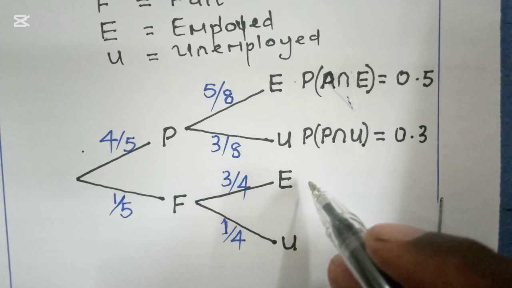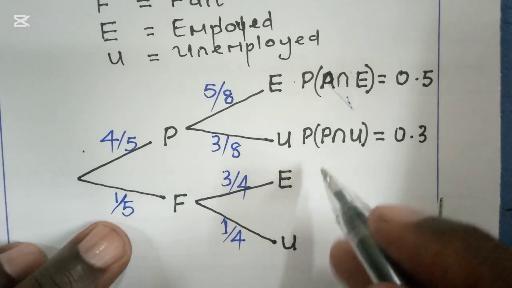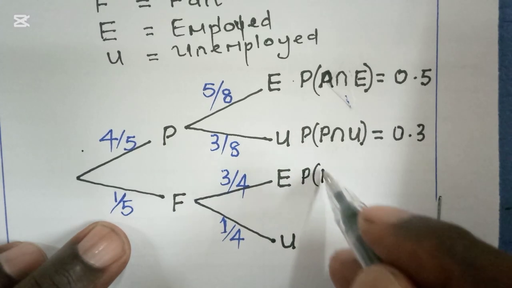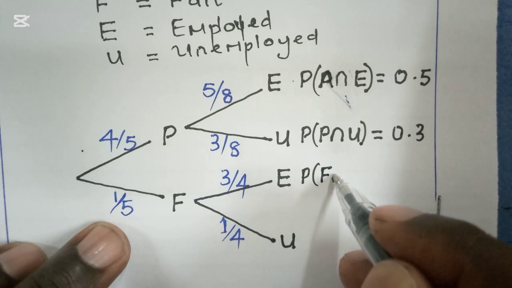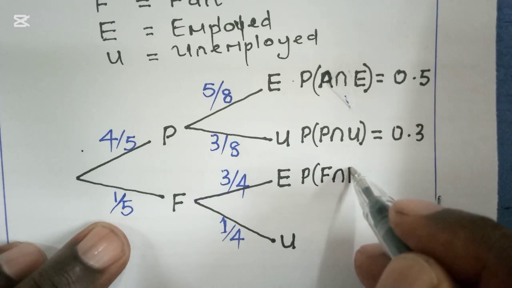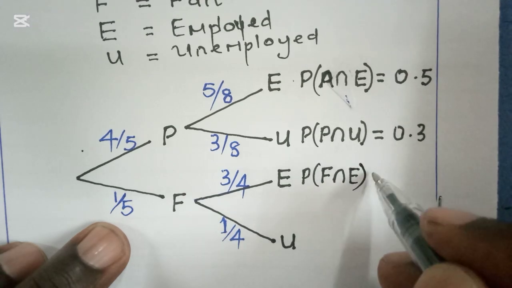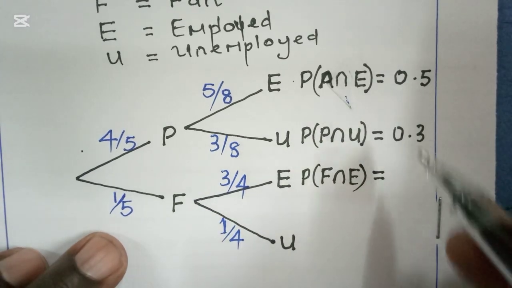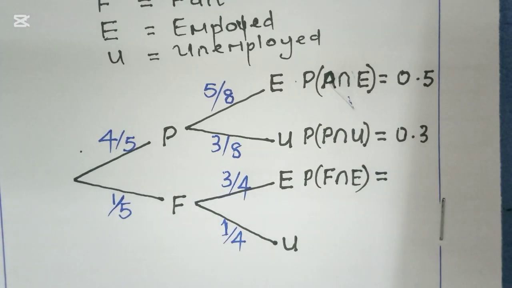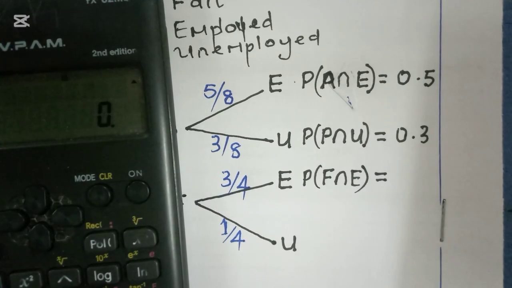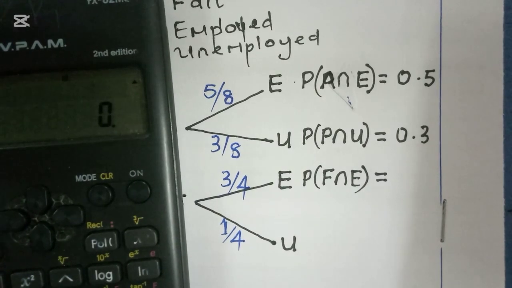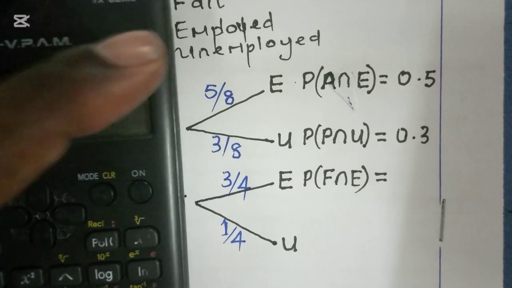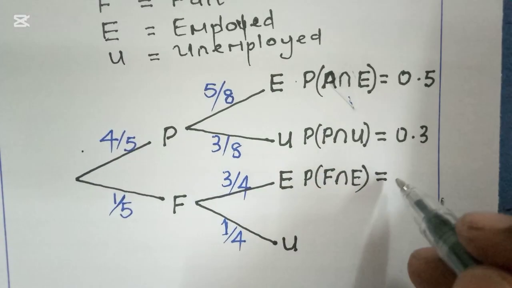Coming to this other one, the probability of failing, F, and being employed. This gives us 1/5 times 3/4. That is 3/20, that is 3 divided by 20. That gives us 0.15.